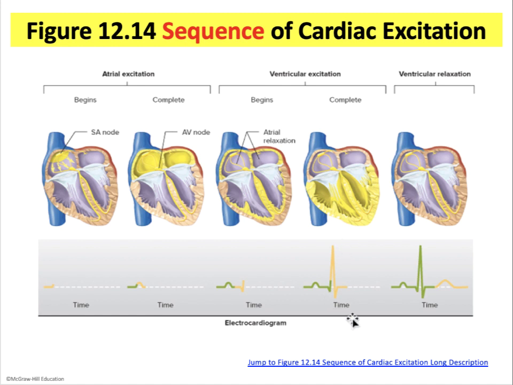The QRS wave corresponds to the excitation of the ventricular walls. And finally, the T wave corresponds to the relaxation of the ventricular walls. Unfortunately, the relaxation of the atrial walls is hidden and masked by the massive amount of ventricular tissue.